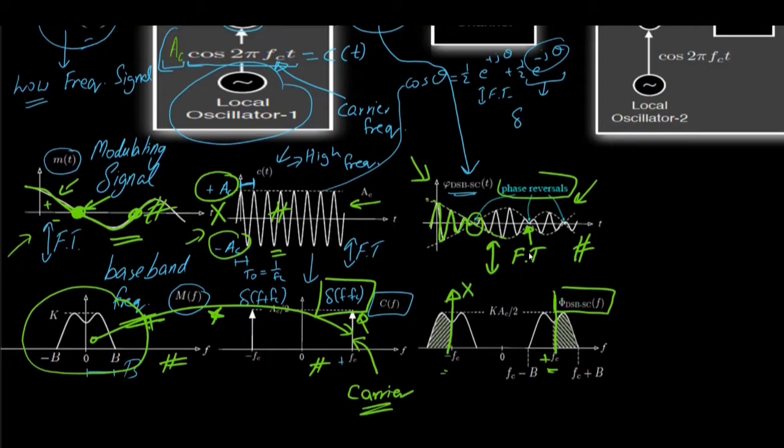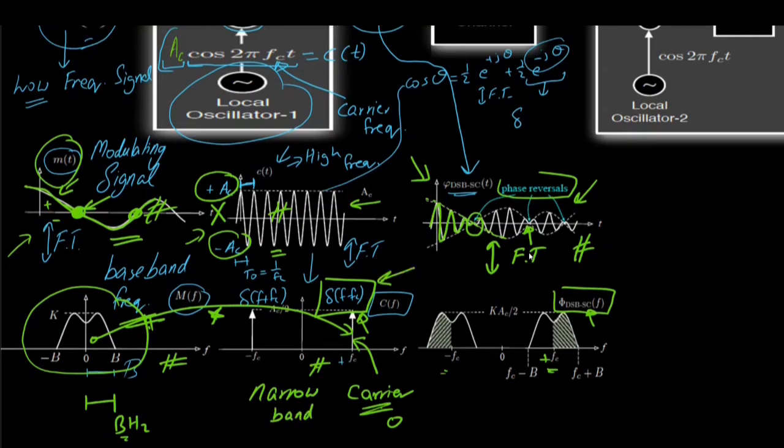So since we are suppressing this, that's why we have the terminology suppressed carrier. Now observe that in the original message signal, the bandwidth was B hertz, and the bandwidth of the carrier signal is simply zero because this is narrow band. The delta function does not have any weight.